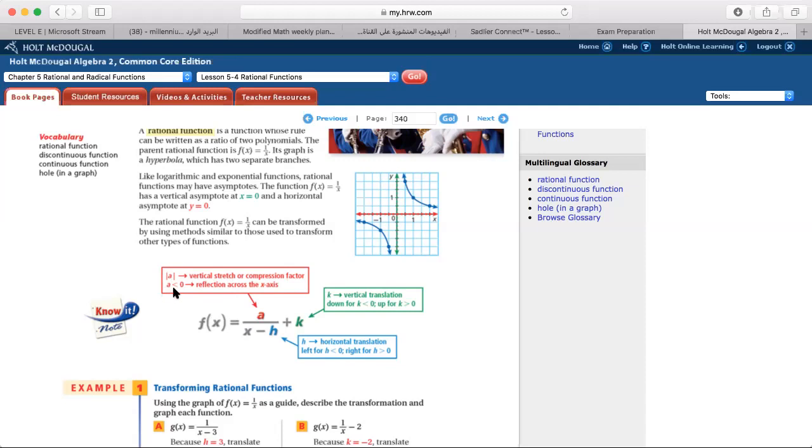If a is less than 0, it is a reflection across the x-axis.